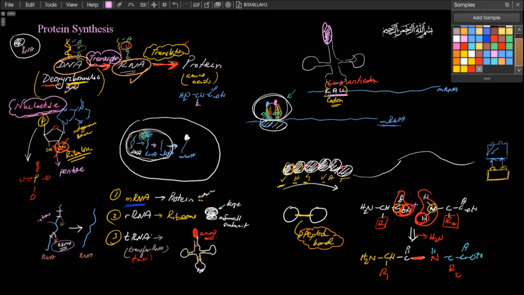So this code really determines which tRNA will attach over here, doesn't it? Because there's a code breaker, only these particular nucleotide sequences will let that transfer RNA stay. So the codon determines the transfer RNA, which determines the particular amino acid attached to it.